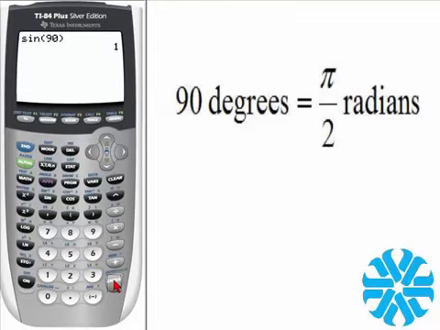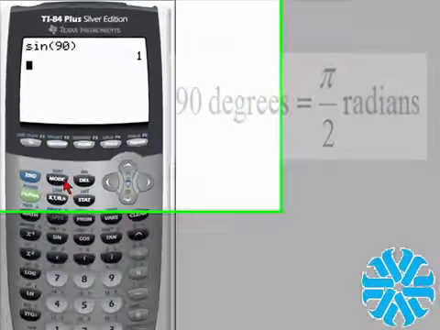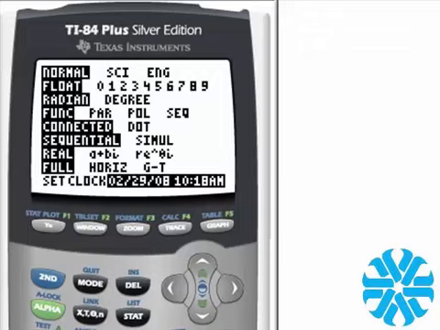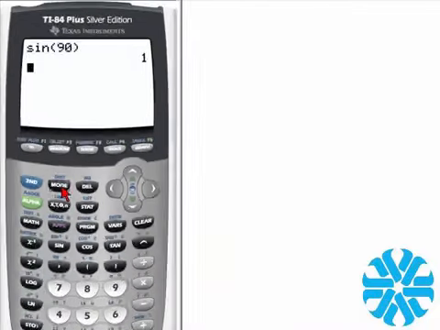So let's go back to the radian mode. So we'll go Mode, and let's select radian mode. So move the cursor to the left, which it already is flashing there, and then we will hit Enter to select it, and then we will get out of this screen.